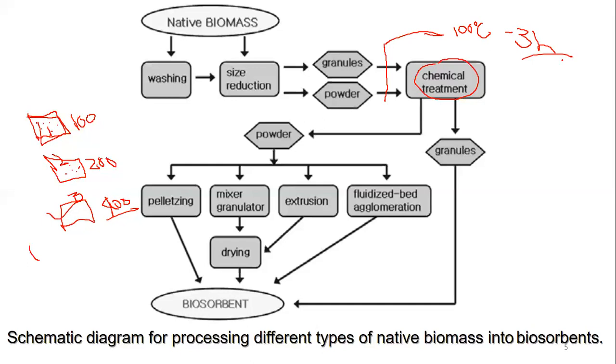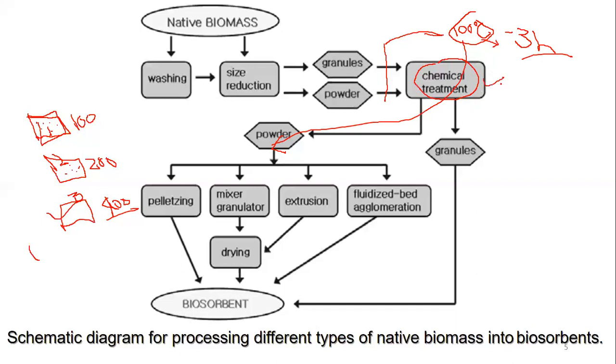If our material is stable enough, then we can use it, or we make it into powder, so you shift from this stage to here. Okay, that is thermal treatment. Sometimes we treat at 150 degrees, 200 degrees. It depends upon the material that you are using.